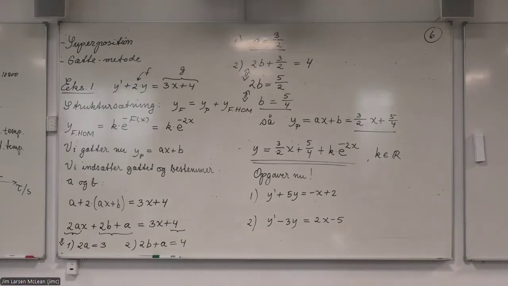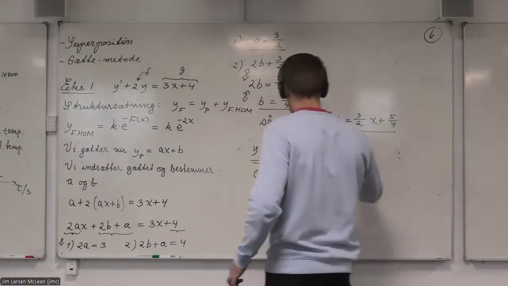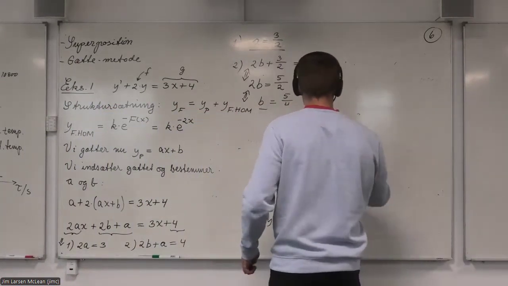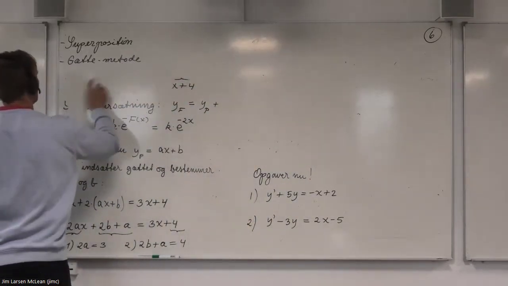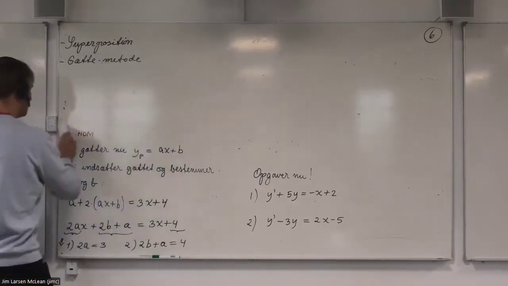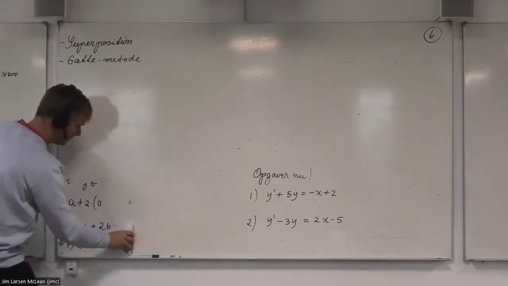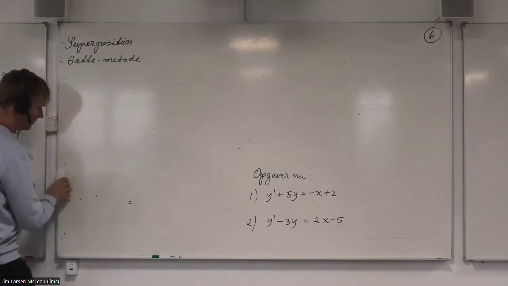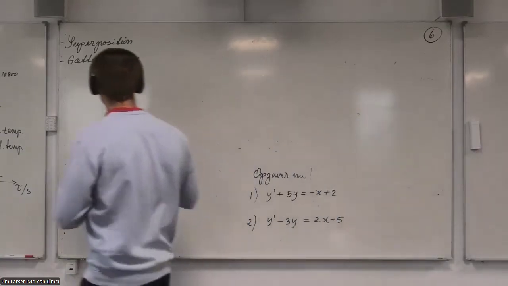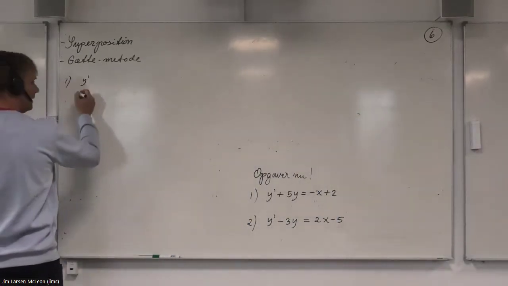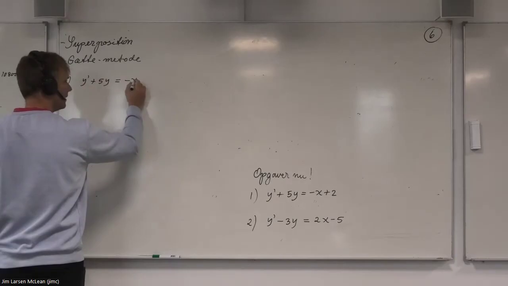Okay, let's just go over the tasks on the board. The two tasks I came up with here. Okay, so we have an equation: y prime plus 5y must be equal to negative x plus 2.